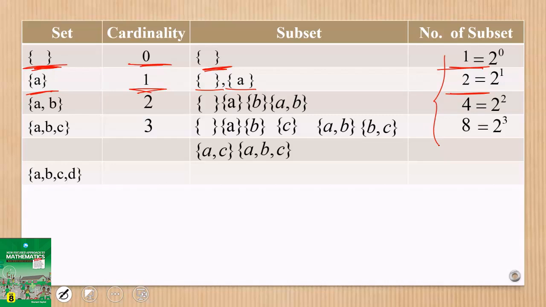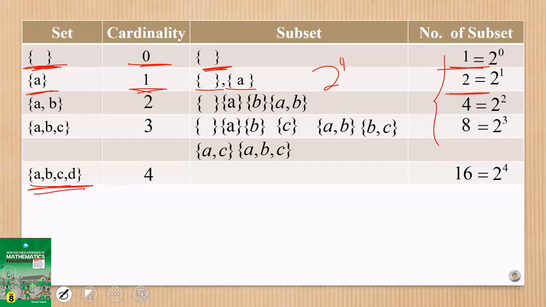So I can predict that if I have a set containing 4 elements, I'm going to have 2 to the power 4, which will give me 16. So a set containing 4 elements will give me 16 subsets.